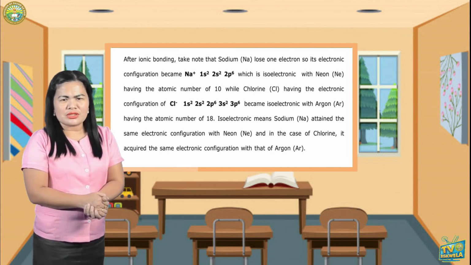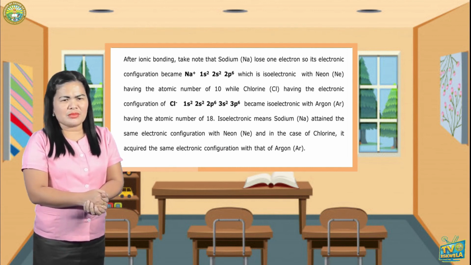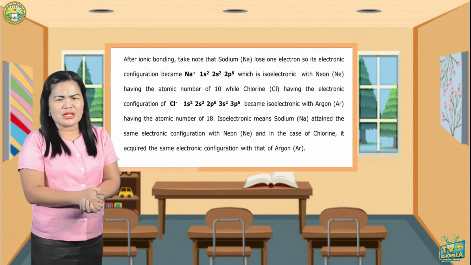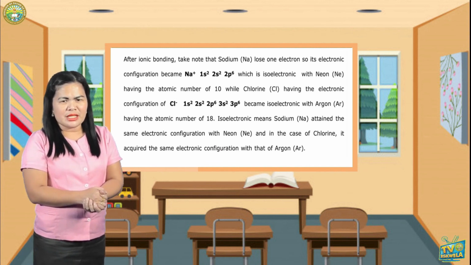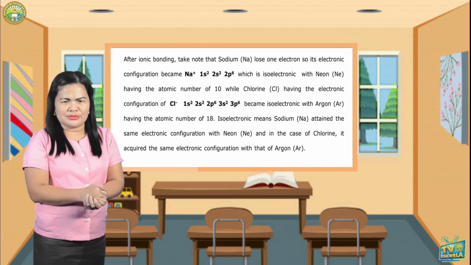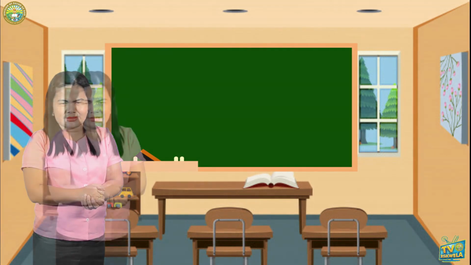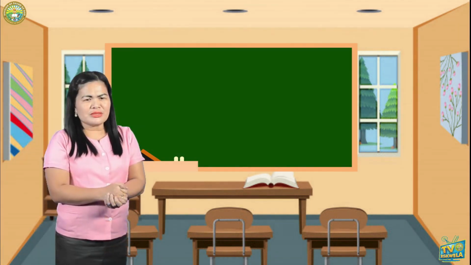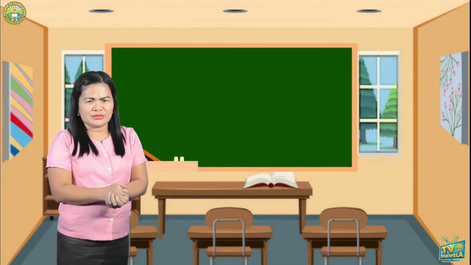Isoelectronic means sodium attained the same electronic configuration as neon, and in the case of chlorine, it acquired the same electronic configuration as that of argon. Thus, both of them became stable.